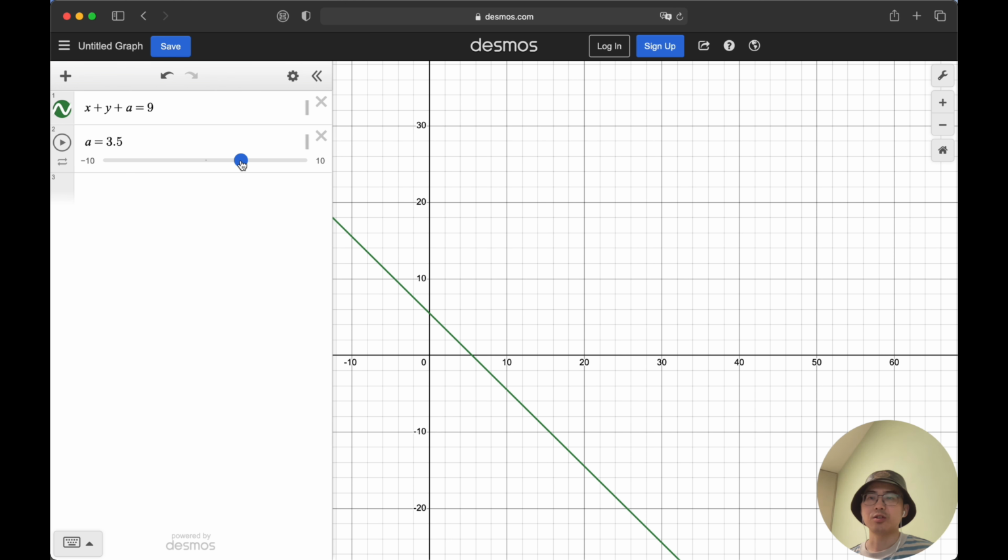So if I have questions that have variables apart from x and y, especially a multiple choice question where you can play around with different a values, you can always consider using this function. Let me show you a question from a real test.